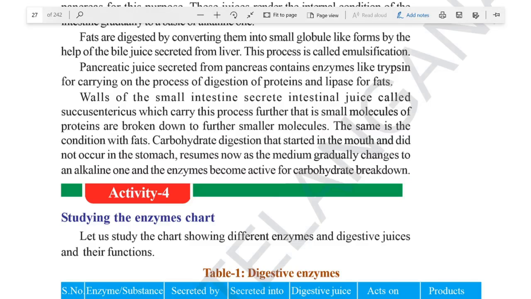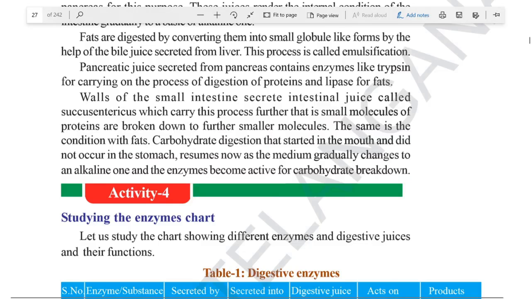As well as all these organs producing enzymes, the small intestine also secretes intestinal juices, which carry this process further. That is, small molecules of proteins are broken down to further smaller molecules. The same is the condition with fats also.